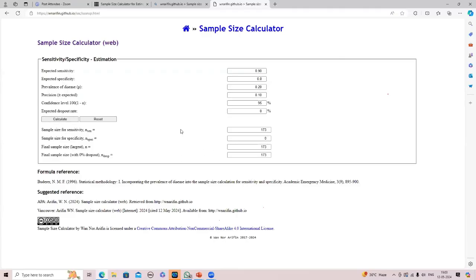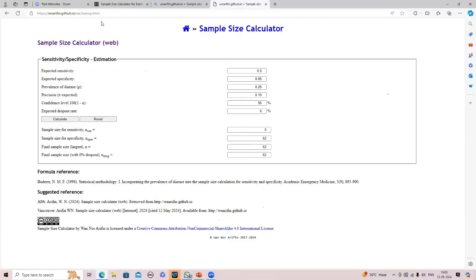That gives the sample size as 173, and the sample size for specificity is equal to 0. It is not giving the sample size for specificity. If specificity is important for you, then you put sensitivity as 0, calculate this, and you will get a sample size of 62.